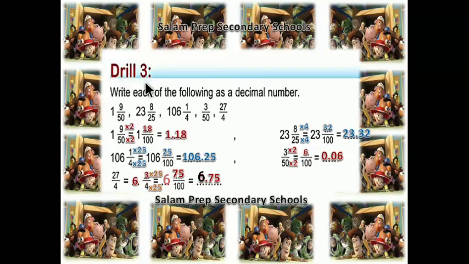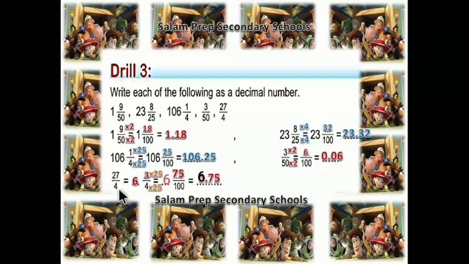Drill 3. Write each of the following as a decimal. These are mixed number. Okay? These two fraction. This is proper fraction and this is improper fraction. 27 over 4.